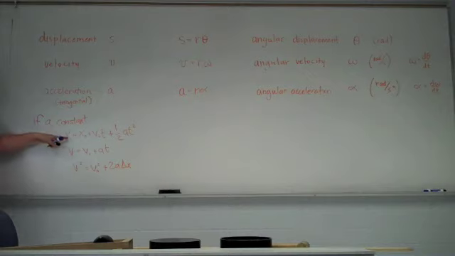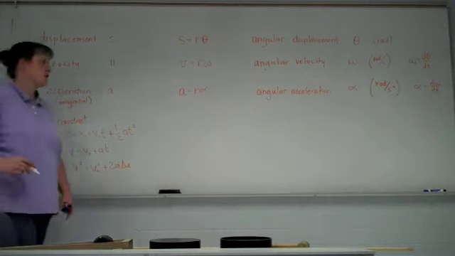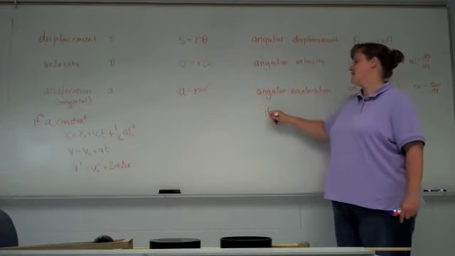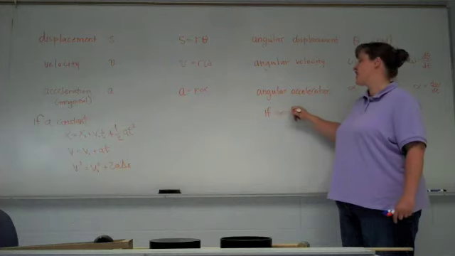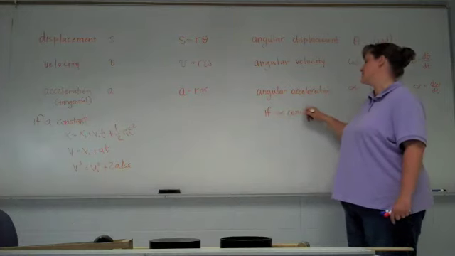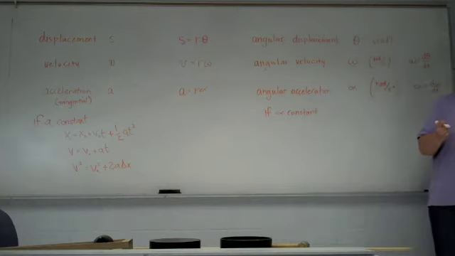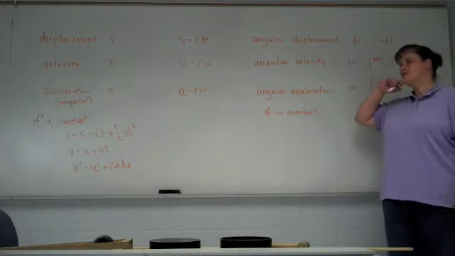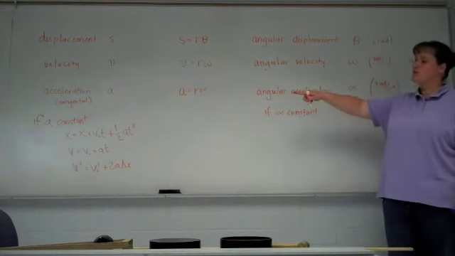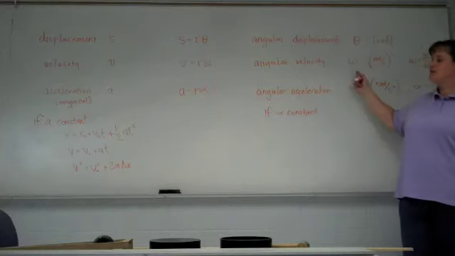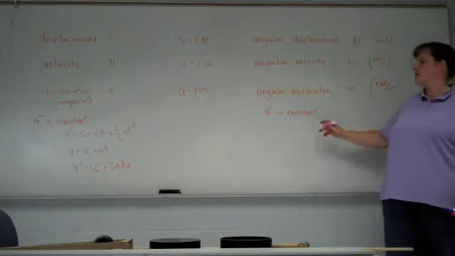Now I guess technically we could make our x's s's if you wanted. Similarly, if we have a rotating object that has a constant angular acceleration, so it's rotating faster and faster and faster at the same rate, or slower and slower, so forth, then we get a similar set of kinematic equations. Wherever we have x, we put theta. Wherever we have v, we put omega. Wherever we have a, we put alpha.